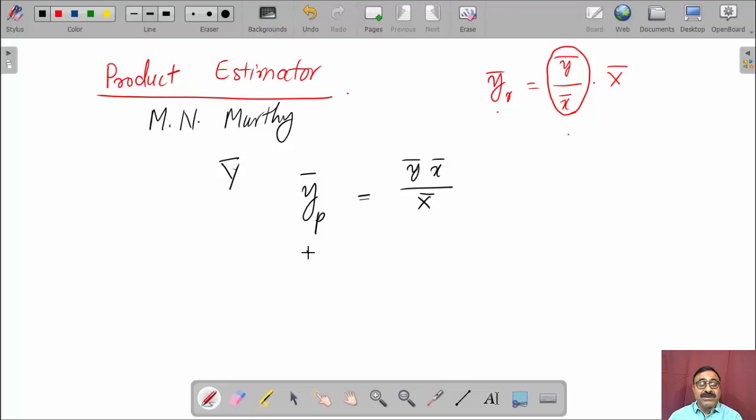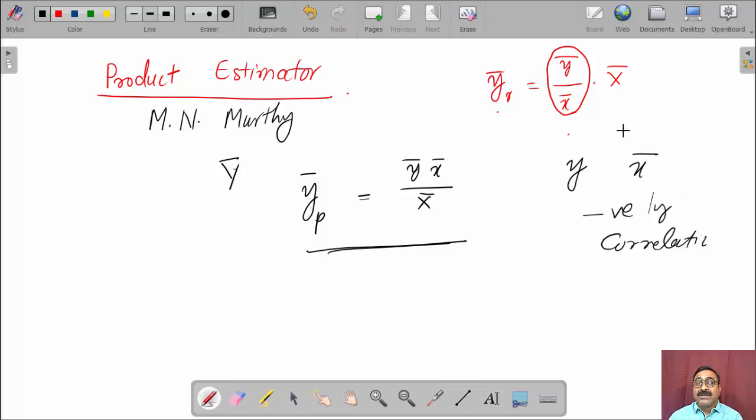We use this estimator when the two variables, the study variable y and the auxiliary variable x, are negatively correlated, and the ratio estimator when y and x are positively correlated.